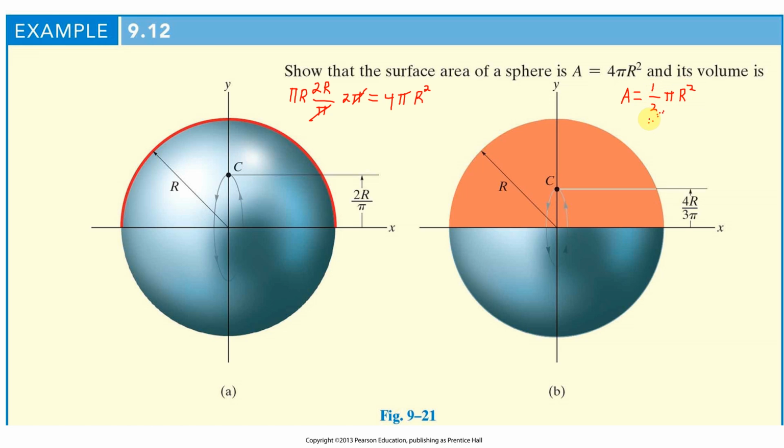The centroid, let's see, area here, centroid, 4r over 3 pi. Area, location, distance of the centroid, and finally the angle, 2 pi. We're going to go through a full revolution. So, like before, we have some factors that cancel.